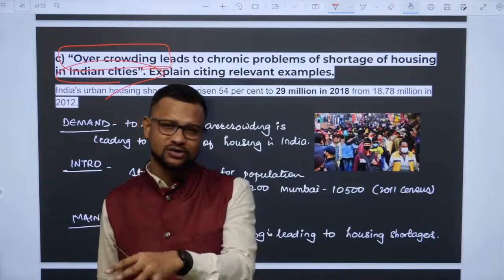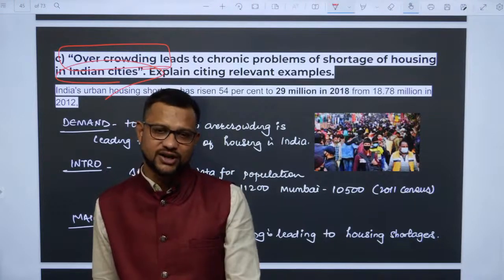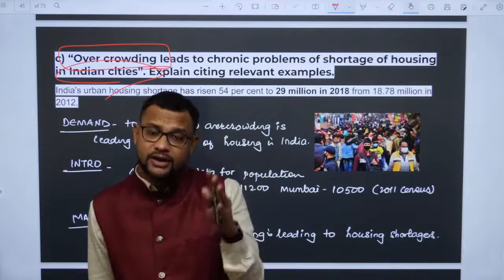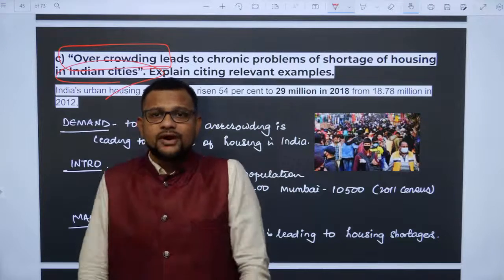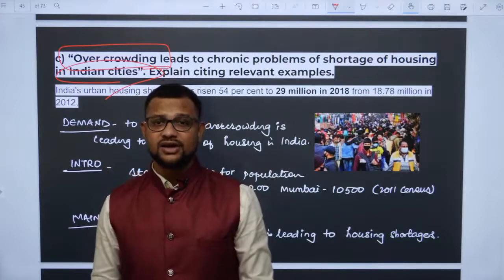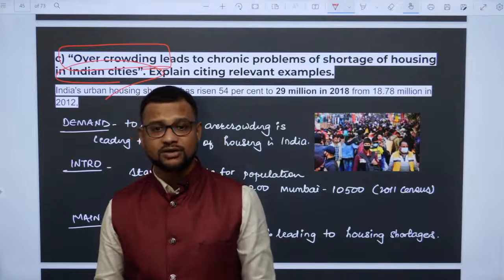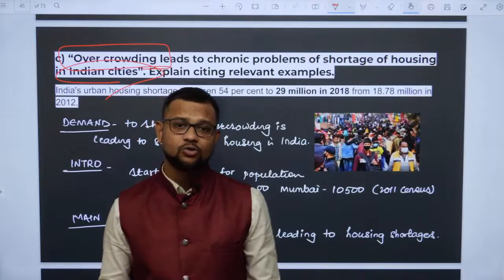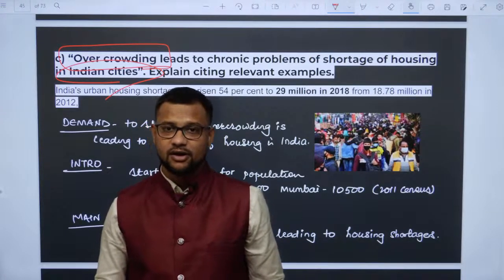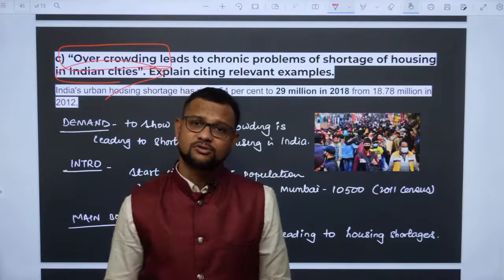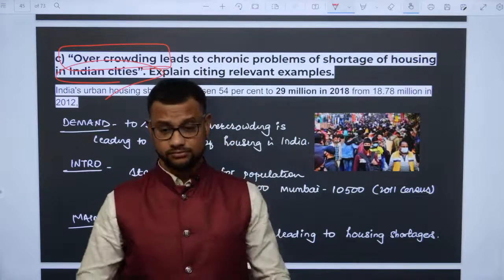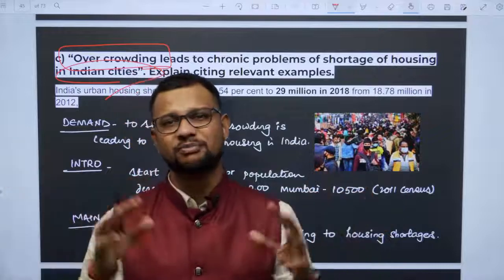So we are almost about to overtake China. And in many mega cities in India, you will find population density even more than 10,000. Delhi 11,200 something like, right? Or Mumbai 10,000 plus. So such an overcrowding lead to life miserable.